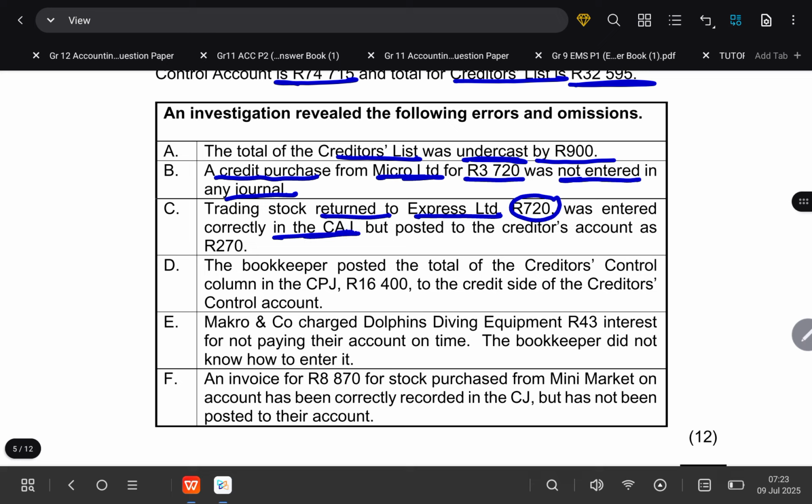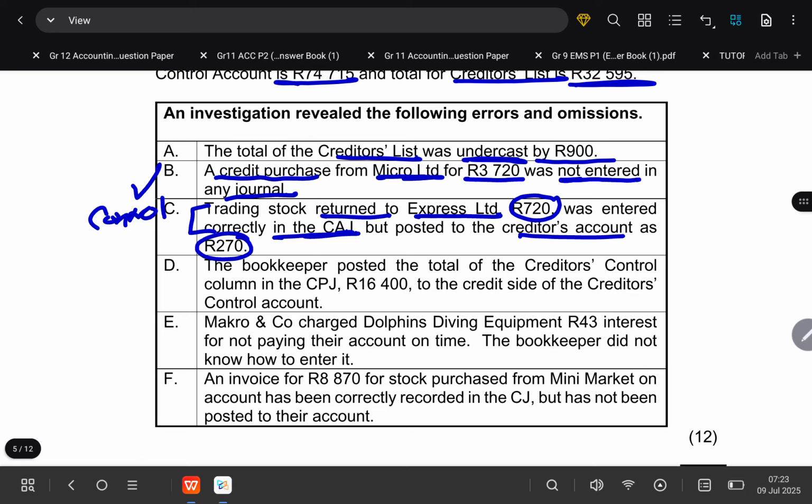And then the next one says that trading stock returned to Express Ltd for 720 was entered correctly in the CAJ. So remember, once they mention the name of the journal, it means that the control account is fine, because they said it was entered correctly in the CAJ but posted to the creditors account as 270. So you can already see that there is an undercast here, and because they are talking about a return, it means it is supposed to decrease our debt.